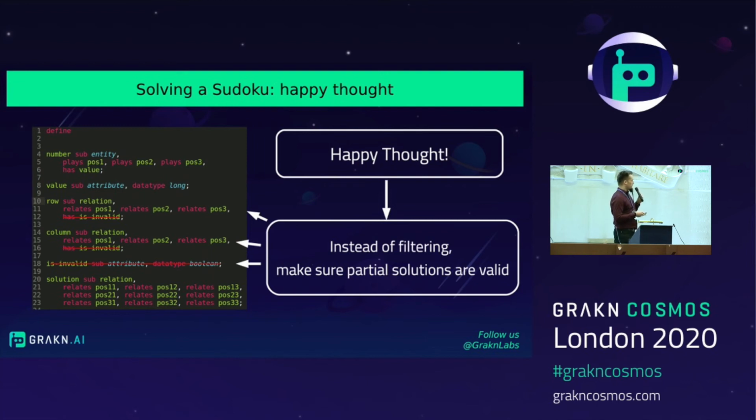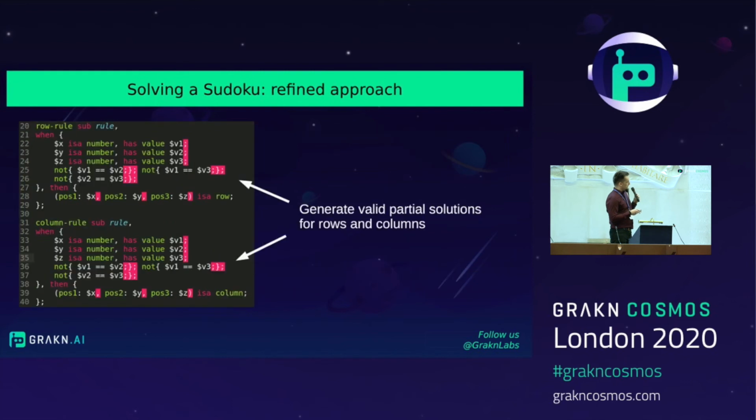So we can get rid of our marker, and instead, we define the partial solutions as being valid by definition. This is very similar. We just make sure when we generate each row and each column that the numbers do not repeat.